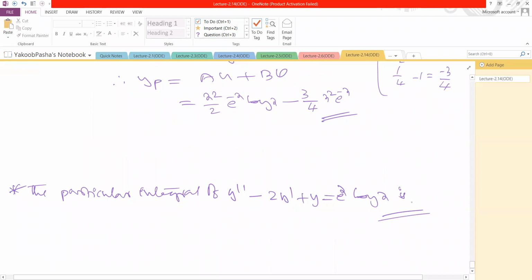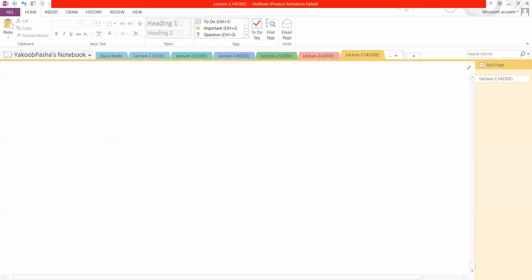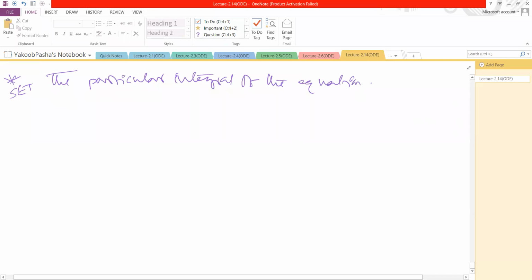Now I am taking one more problem from the set. The particular integral of the equation d square y by dx square plus y is equal to secant square x.